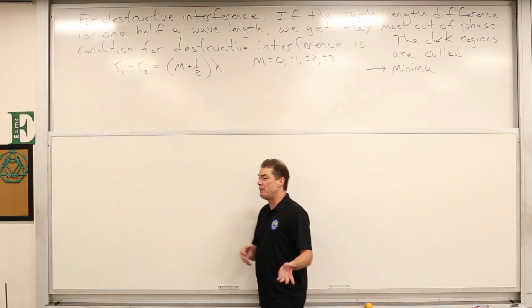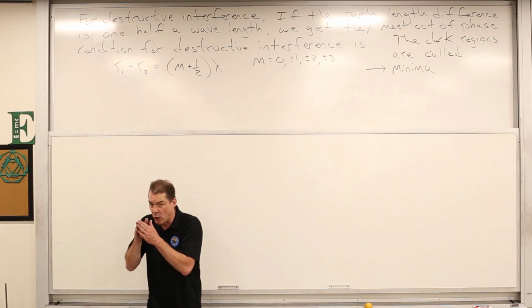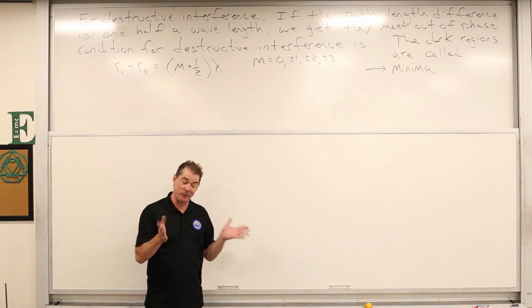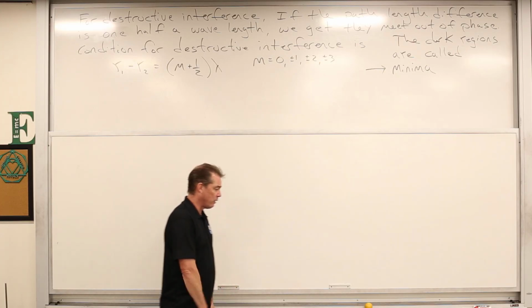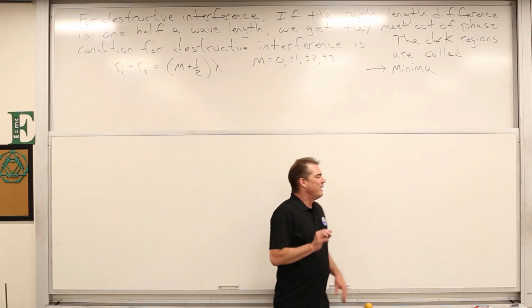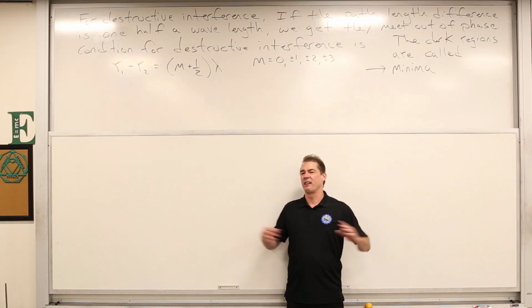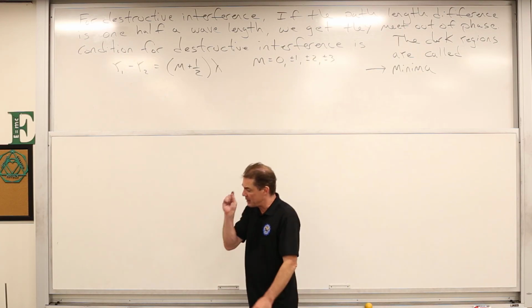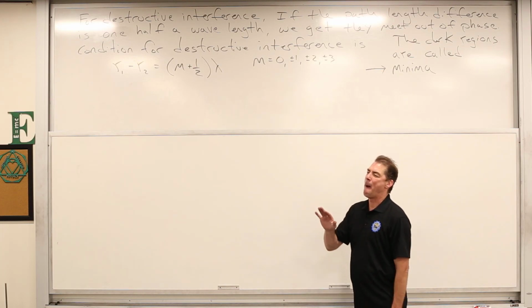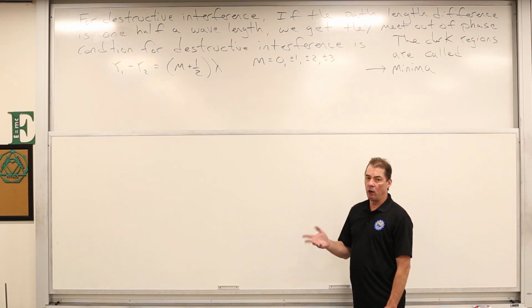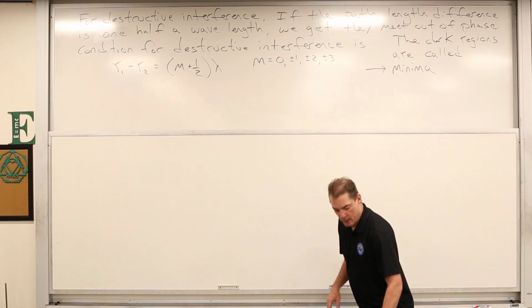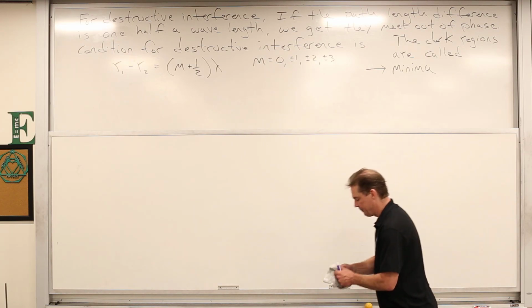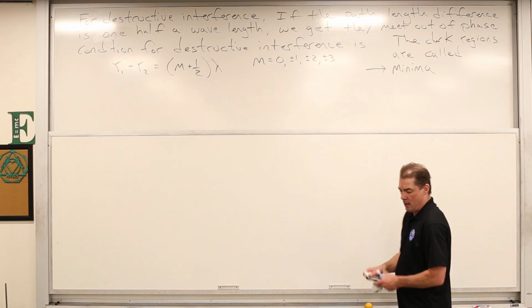Of course, they can't truly be parallel because they're converging to one spot, where they're meeting up and producing interference patterns. But as long as the screen distance is sufficiently large compared to the slit separation, they're almost parallel to one another. So very, very small angular separation between them.